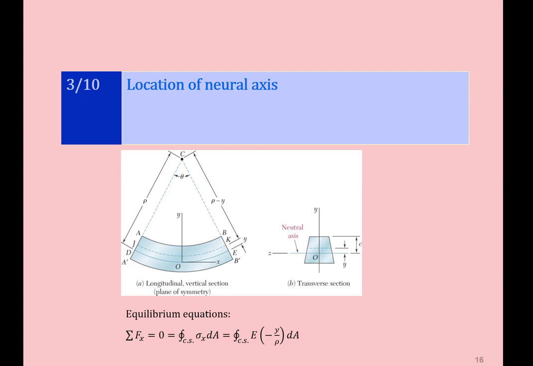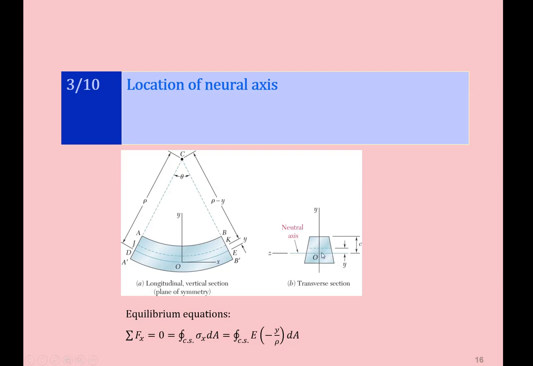Well, in this section, let's move on to decide the location of the neutral axis. If you recall the previous materials, the fibers are located in the neutral surface, and the intersection of the neutral surface with the cross section is called the neutral axis.